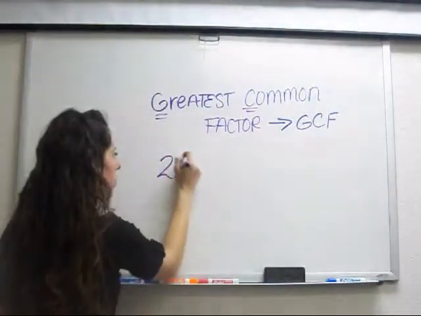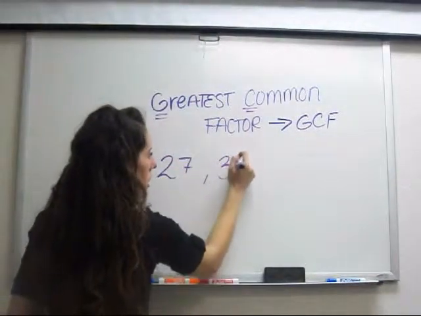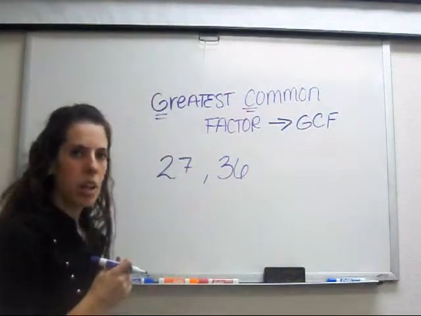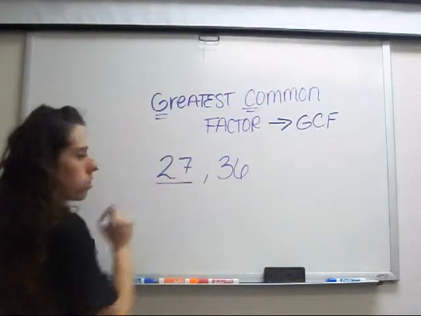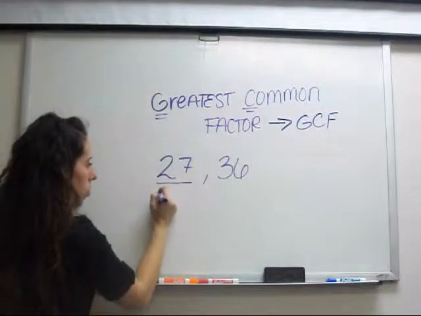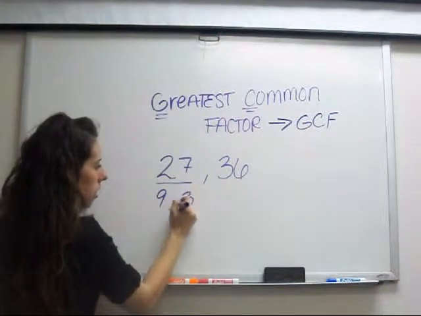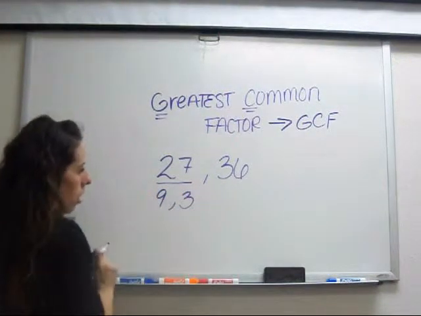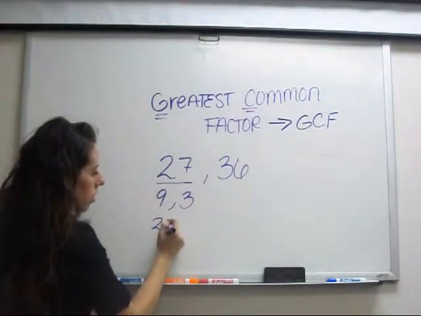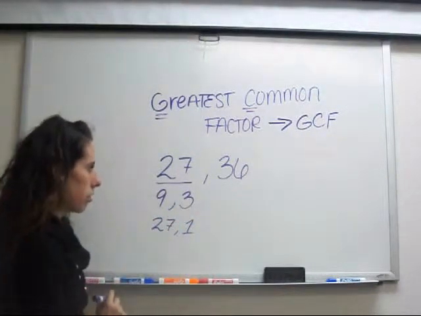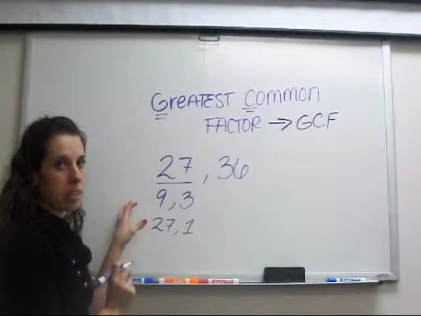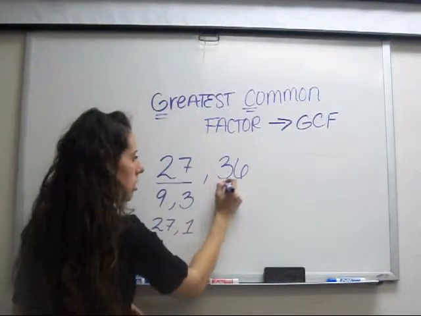Let's try another one. Let's try 27 and 36. First, let's list all the factors of 27. Okay, we know 9 times 3 gives 27. And we also know that 27 times 1 gives 27. I think that does it for 27. Now let's try 36.